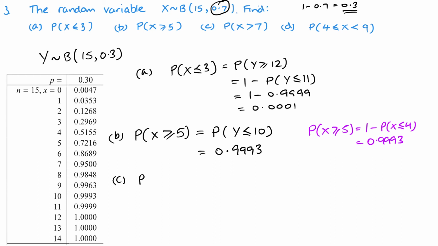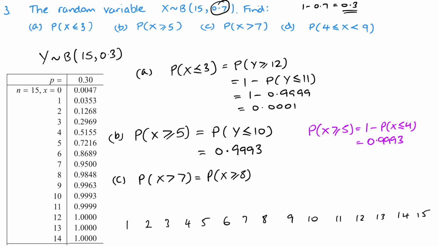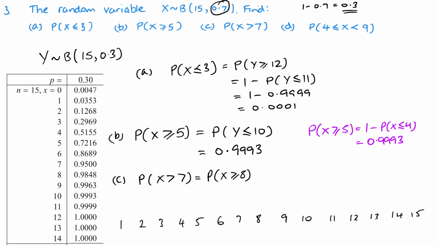Part C, probability where x is greater than 7 means we're looking at probability x is greater than or equal to 8. Now in terms of my y values, so just popping my numbers up again, and of course putting that 0, forgot about that. So greater than or equal to 8, that's these values here.